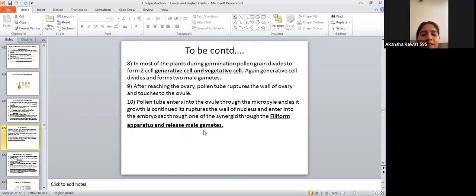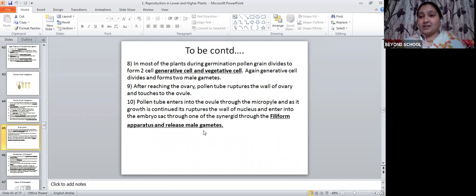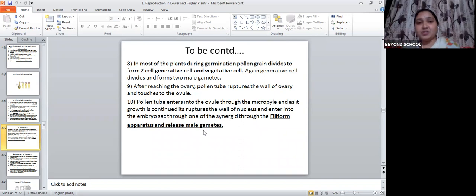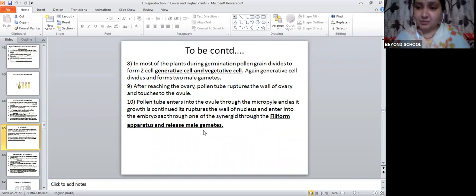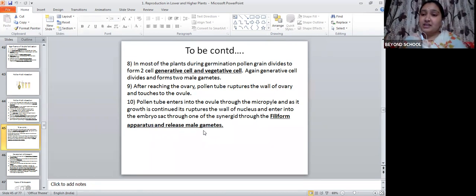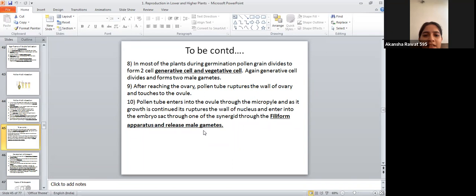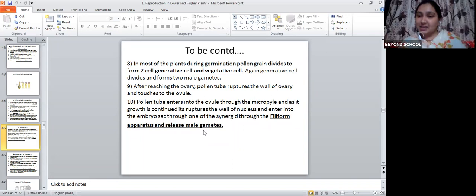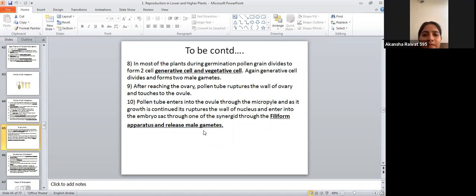All right. Now, later on, in the angiospermic plants, during germination, this pollen grain divides. We all know this, as we have studied in microspore and male gametophyte. This pollen grain divides and forms two cells, the generative cell and a vegetative cell.